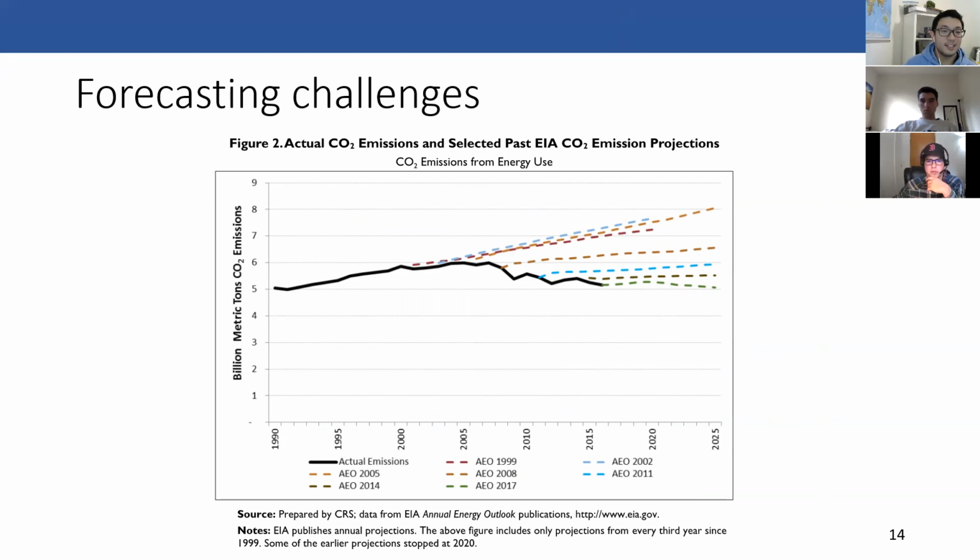This is a nice little chart that I like to show as a warning for forecasting. This is a chart of total CO2 emissions coming from the United States.